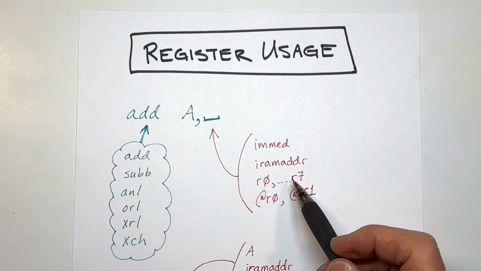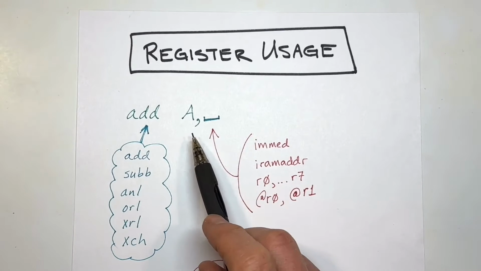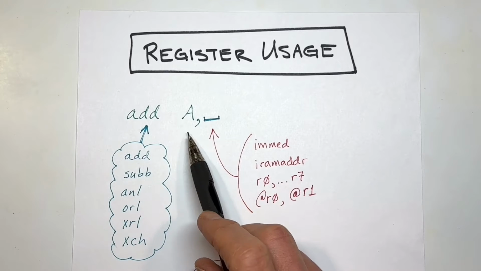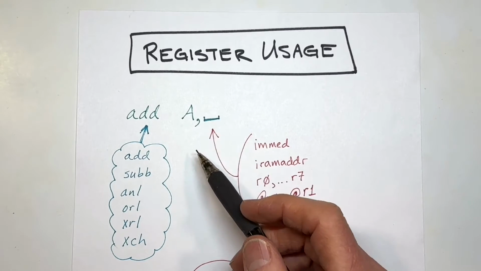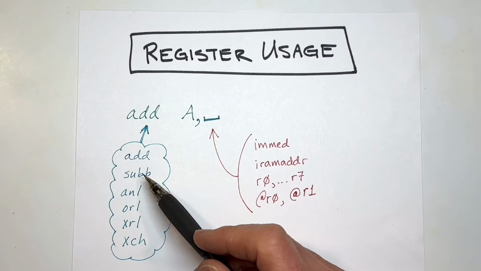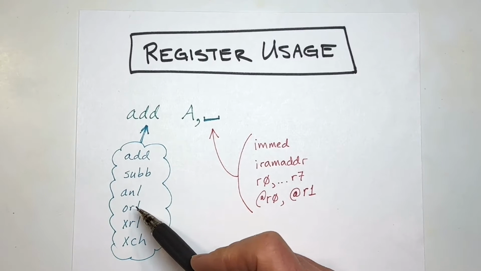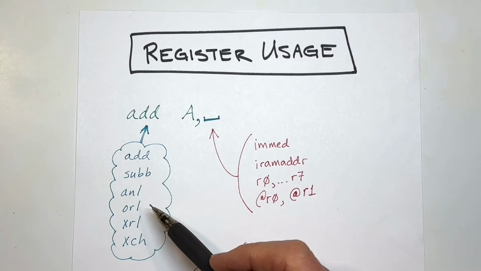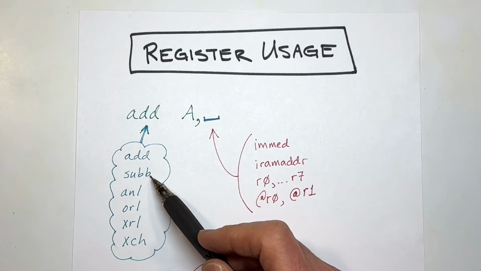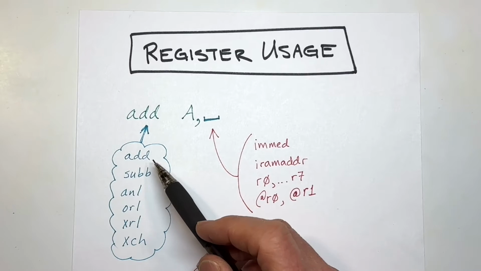And it adds that to the accumulator and puts the result back in the accumulator. There are a number of similar instructions, instructions that have similar formats. There's a subtract, an AND, an OR, exclusive OR, and an exchange. The subtract is a subtract with borrow, if you know about that.